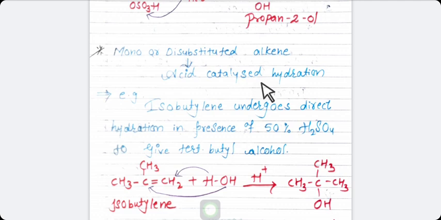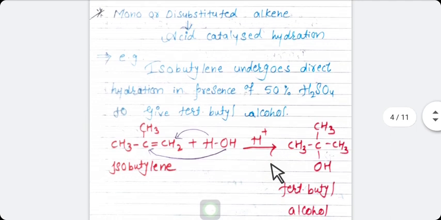For example, we are taking here isobutylene, which undergoes direct hydration, in presence of 50% H2SO4, it gives tertiary butyl alcohol. We are discussing here mono or disubstituted alkene, which directly undergoes hydration in presence of 50% H2SO4.